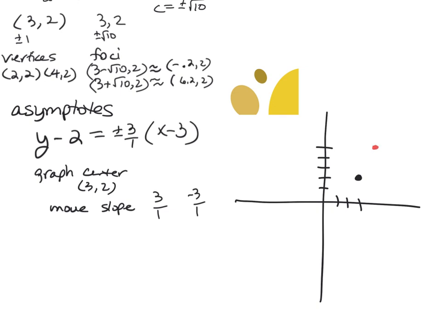I could also go down 3 and over 1. So here is this asymptote. I can also rise 3 and run 1 to the left, and then down 3 and 1 this way.